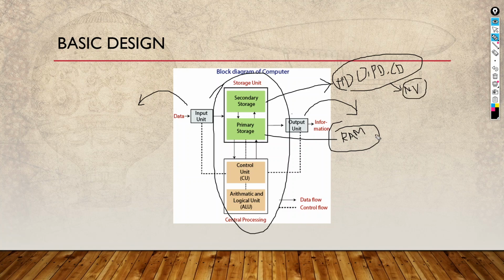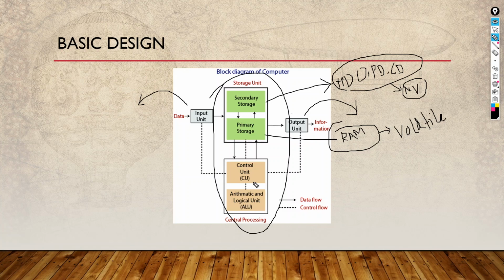But in RAM, when we switch off the computer, the data is deleted. So RAM is volatile, and secondary storages are non-volatile, where the data will remain the same.